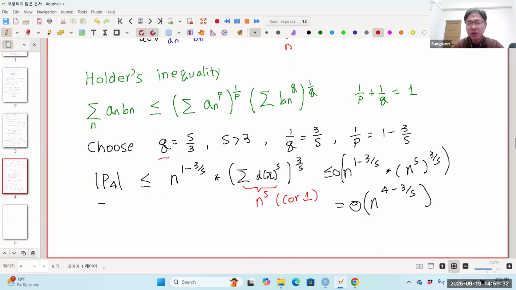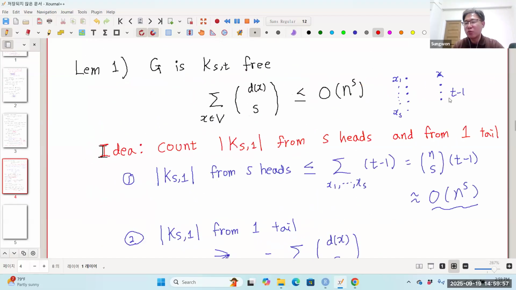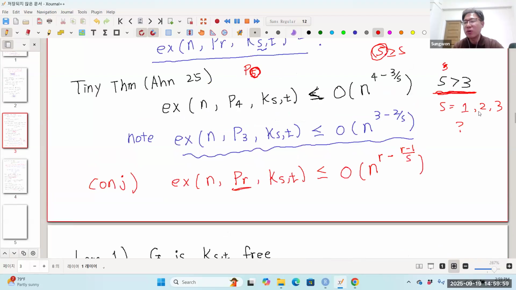So here, in order to have 1 over q less than 1, you should have q s greater than 3. So this is the restriction that makes s greater than 3. But if you can do the same result without using Holder's inequality, then you may be able to do the case of the smaller s.